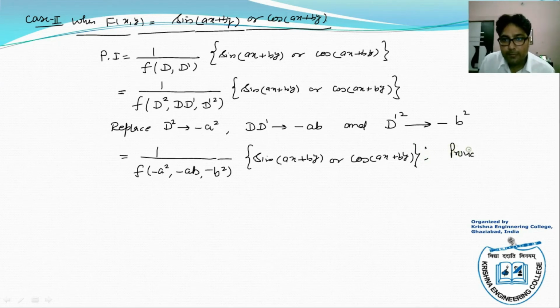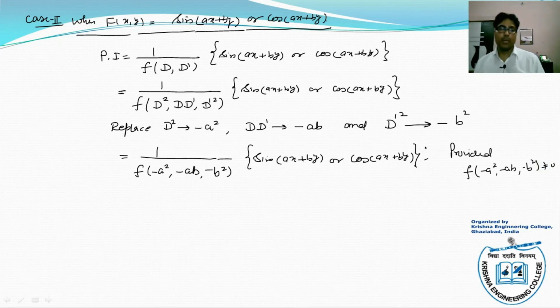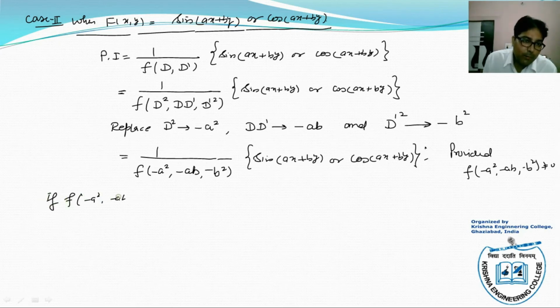Provided f of minus a square, minus ab, minus b square does not equal 0. Suppose if f of minus a square, minus ab, minus b square is equal to 0, then in this case the rule fails.